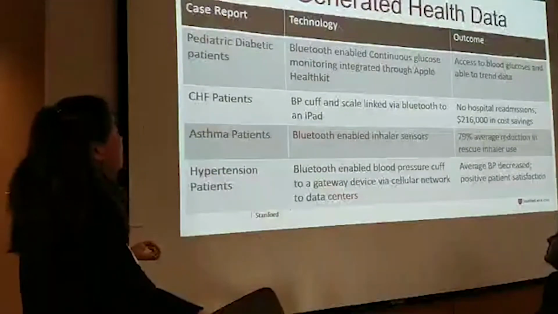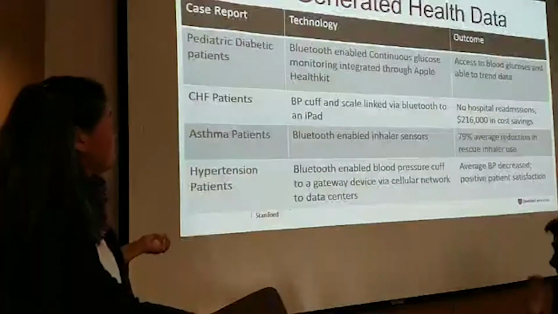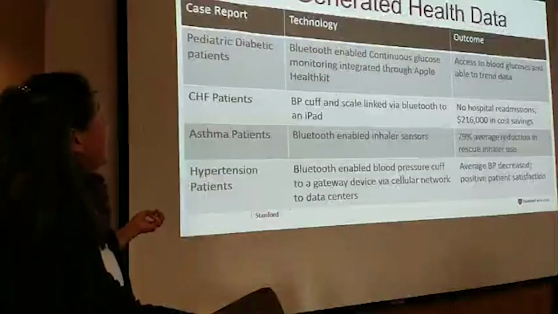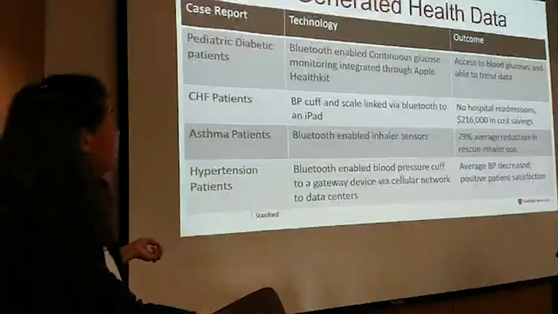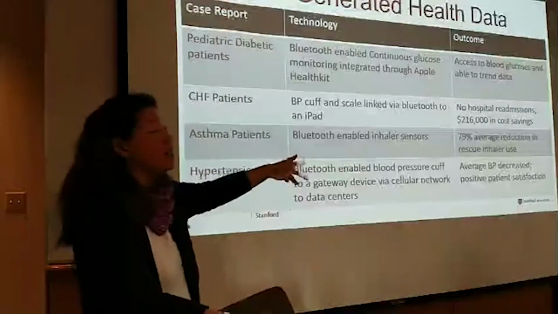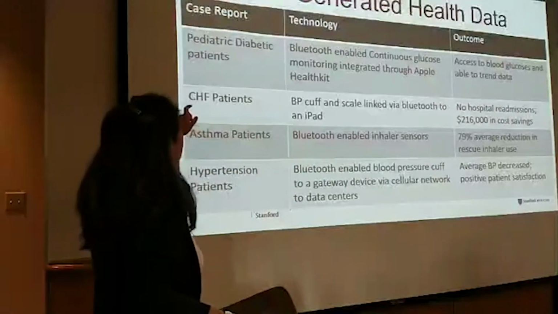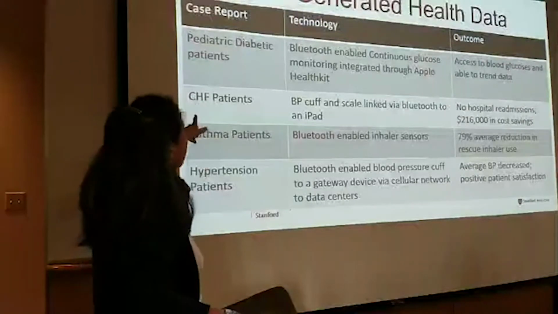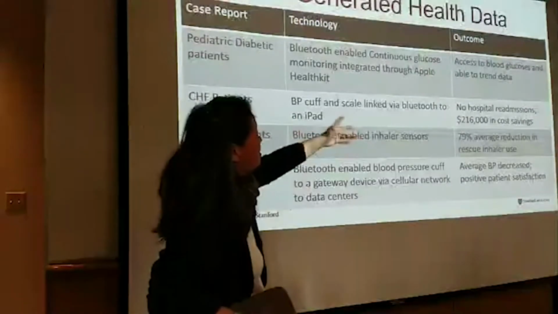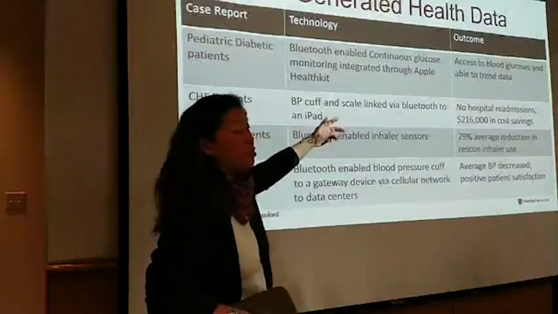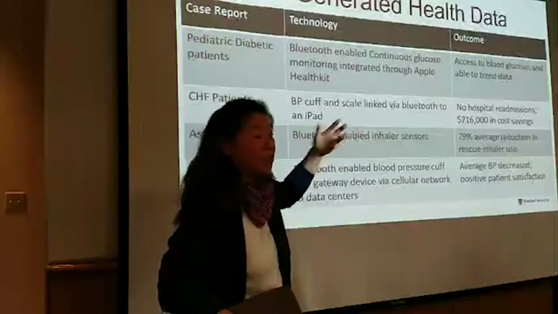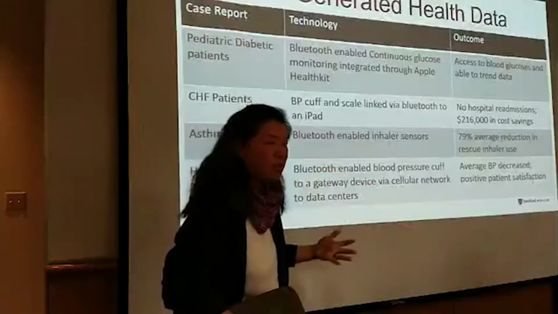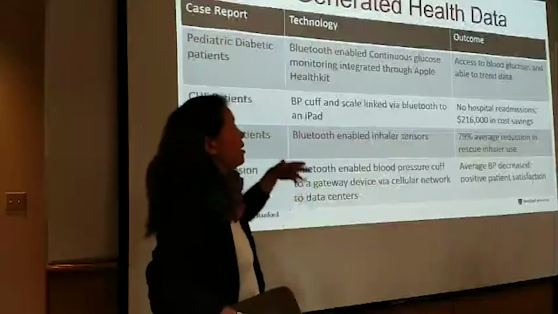This is a slide I just put together of some recent research looking at patient-generated health data, and it does have positive outcomes. In pediatric diabetes, patients are able to access blood glucose and trend data, and you can look in real time and see, oh, I'm not doing well, or I'm doing really well.